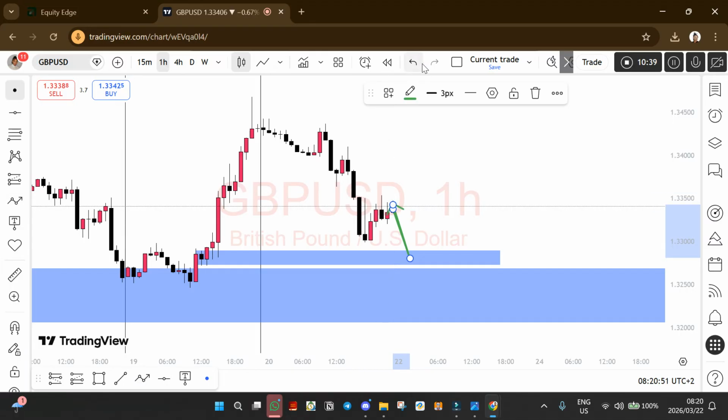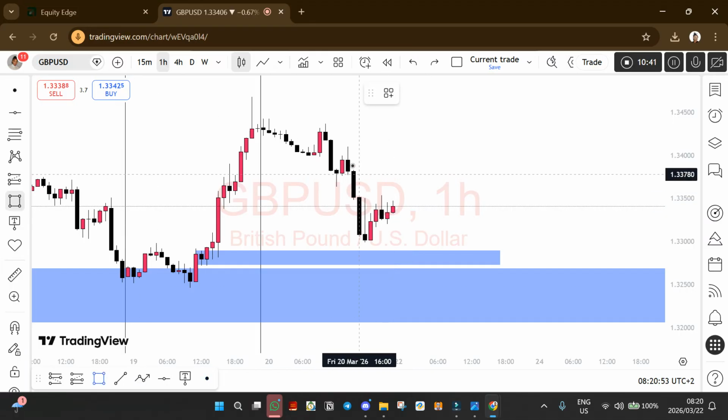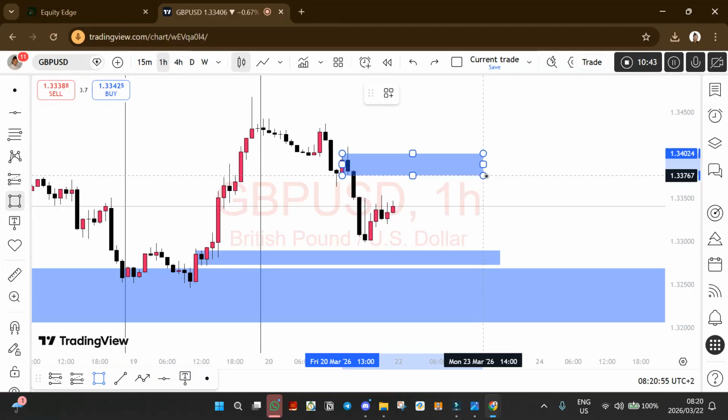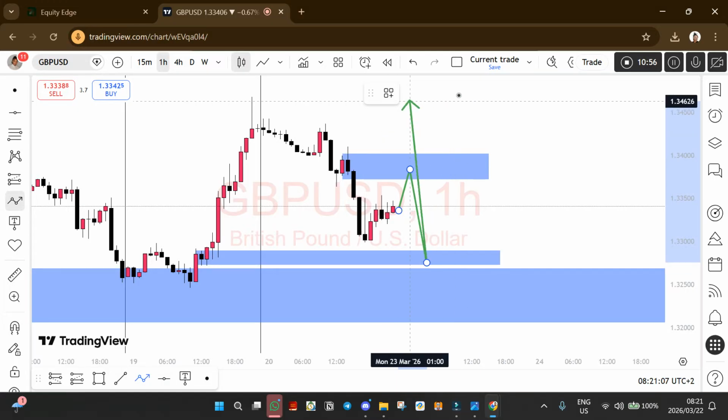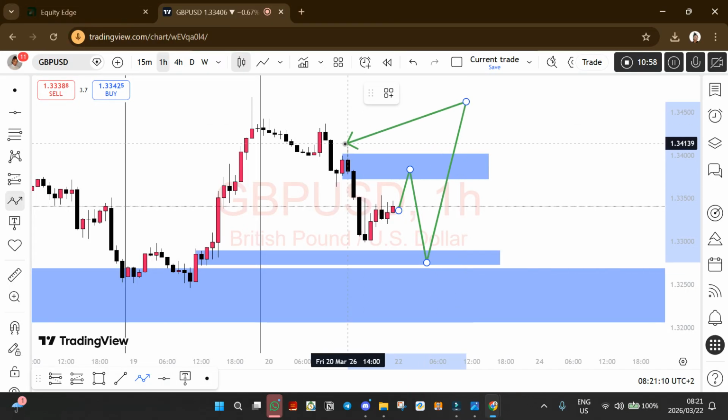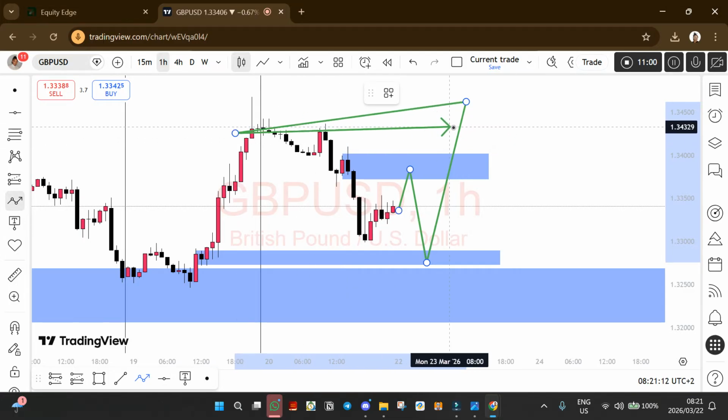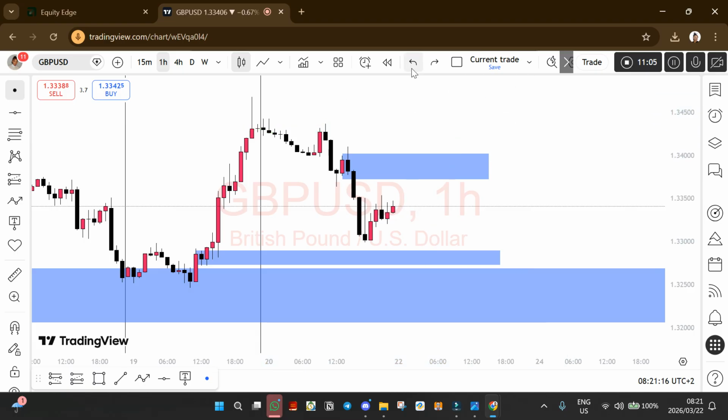But then you see over here, there's also an order block. There is also an order block. So I think that the market has to come in there and then over here into this one and then breaks this area over here, the structure to the upside, right?